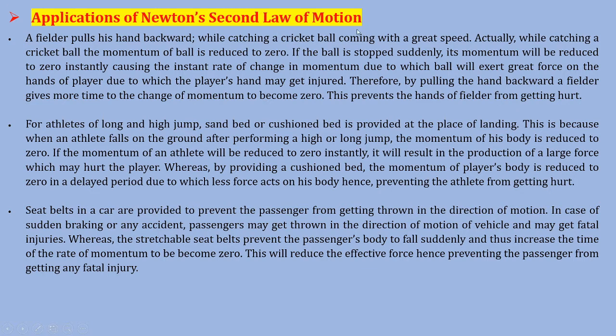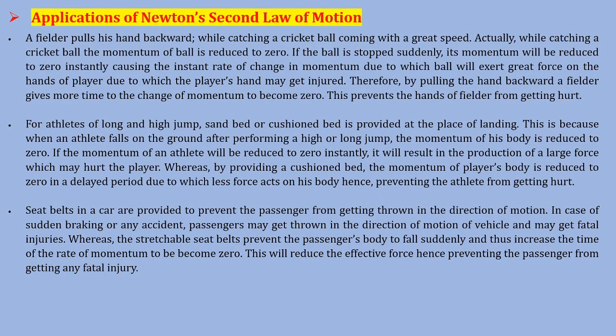Now, application of Newton's second law of motion. A fielder pulls his hand backward while catching a cricket ball coming with a great speed. Actually, while catching a cricket ball, the momentum of the ball is reduced to zero. That is, you are reducing the momentum of the body. If the ball is stopped suddenly, its momentum will be reduced to zero instantly, causing an instant rate of change in momentum, due to which the ball will exert great force on the hands of the player, and the player's hand may get injured.